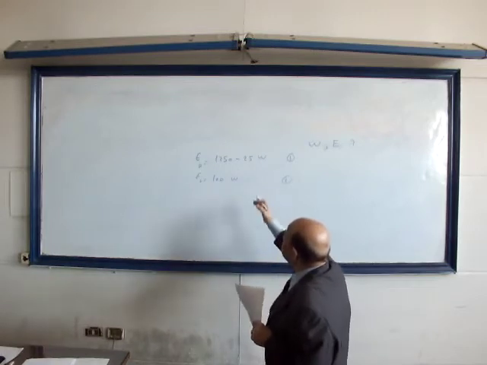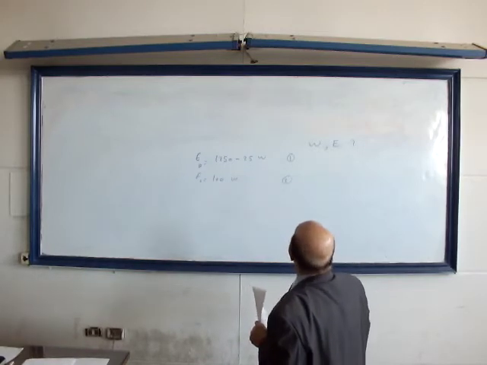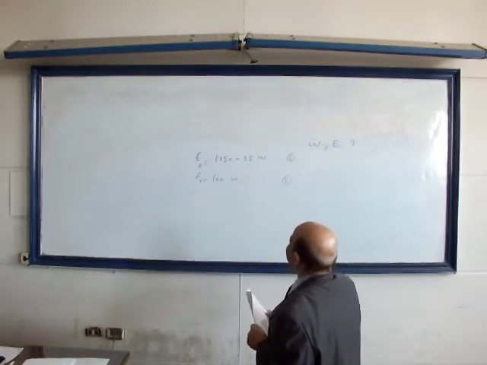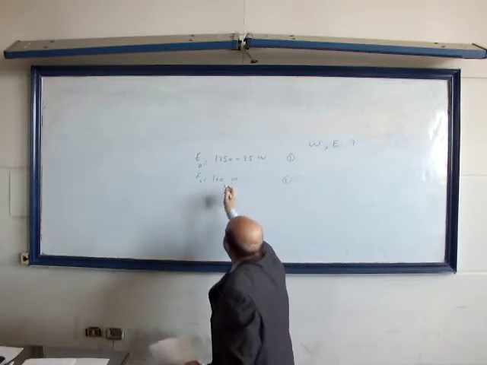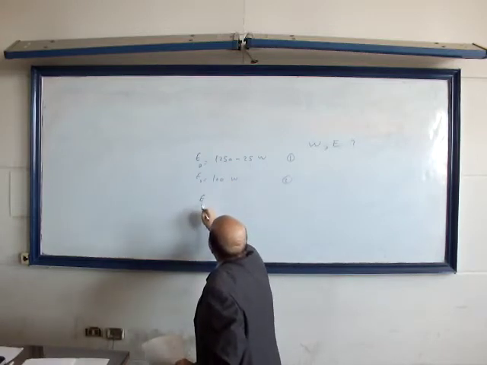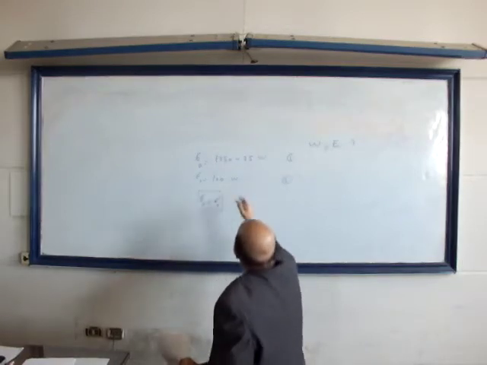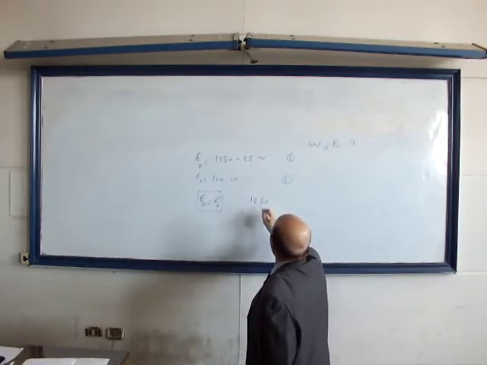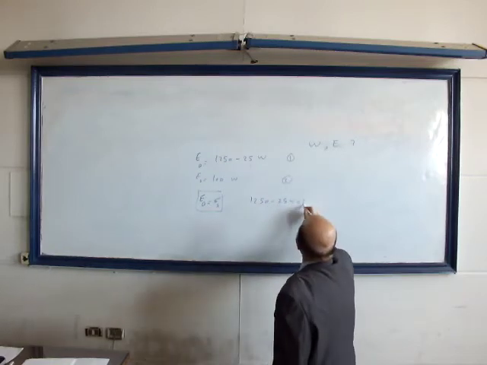So if we have a competitive labor market, how will we determine wage and employment? Just the equilibrium. We equate demand and supply, ED equals ES. This is the condition to have equilibrium in a competitive market. If you equate those two equations, 1 and 2, you get 1250 minus 25W equals 100W.